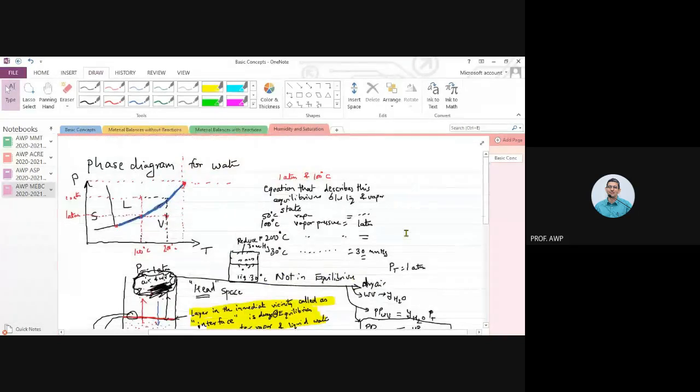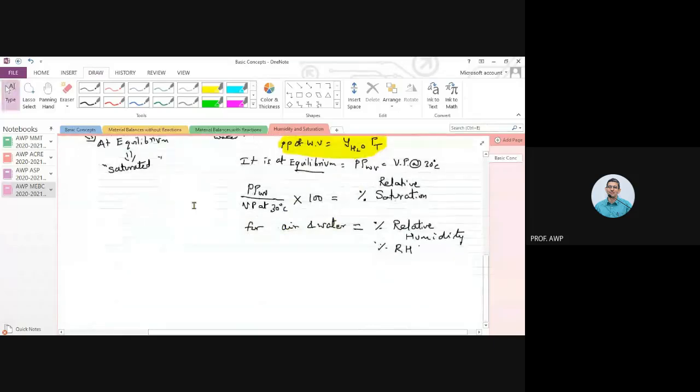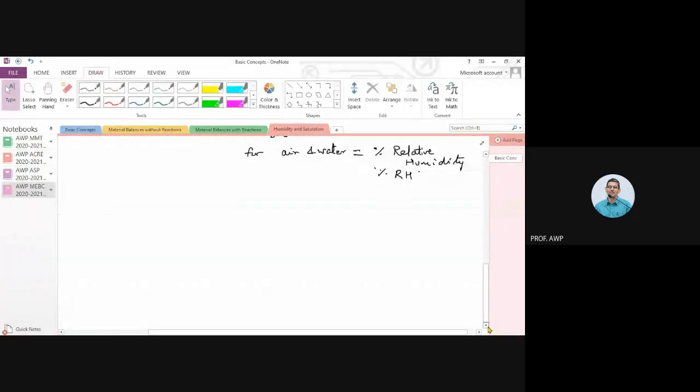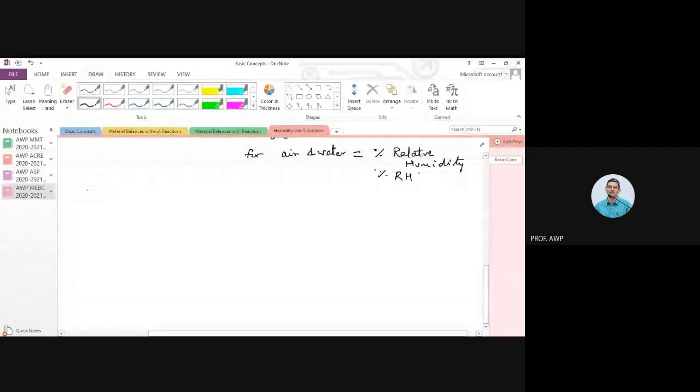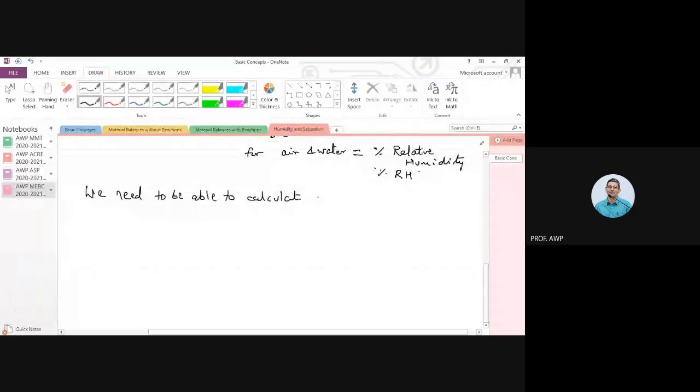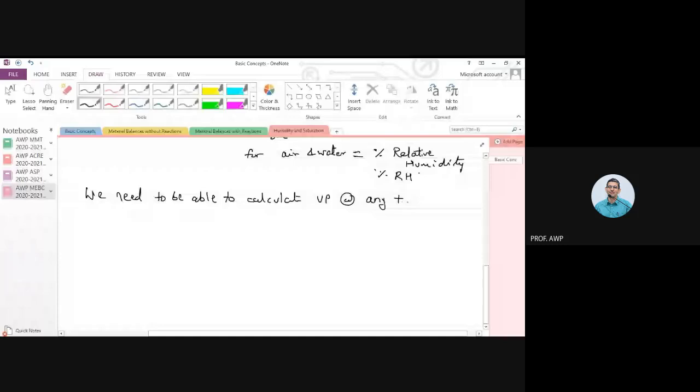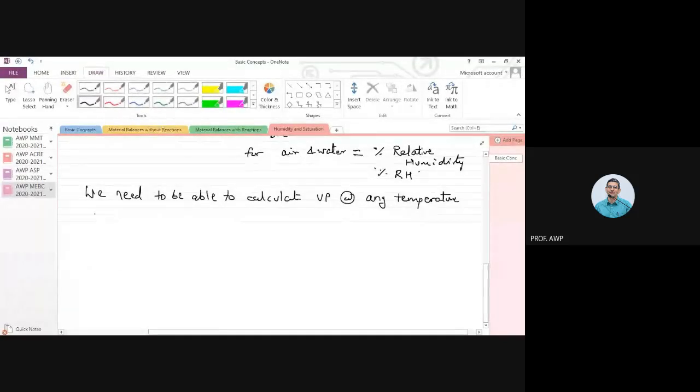So we need a way of calculating the vapor pressure at any temperature, right? So we need to be able to calculate vapor pressure at any temperature. Does anybody know how we can calculate that?